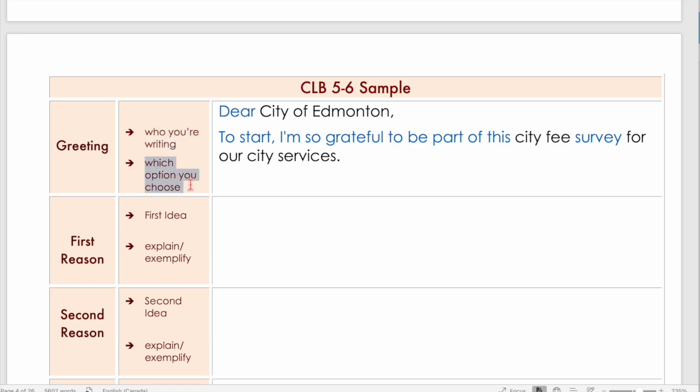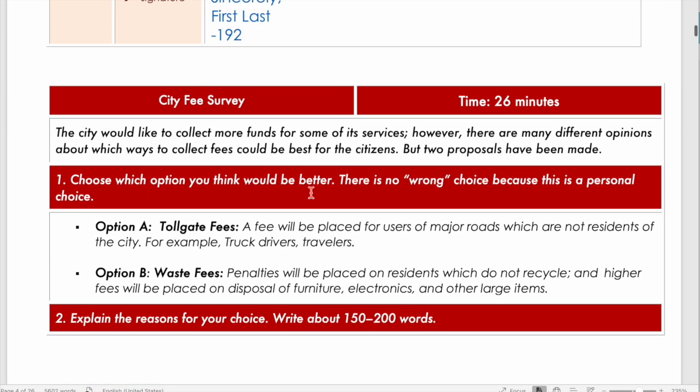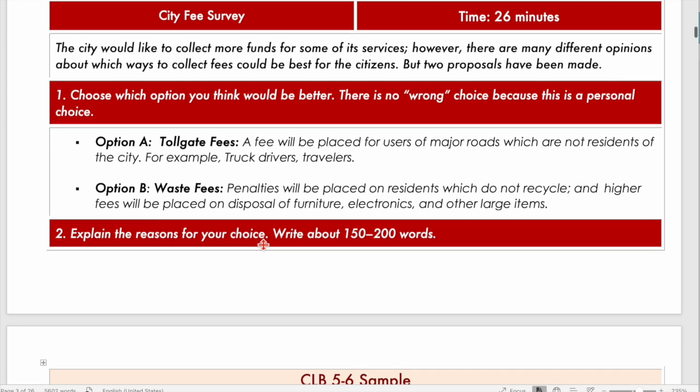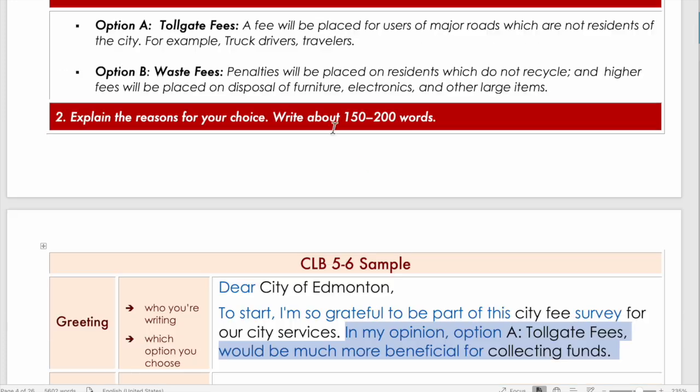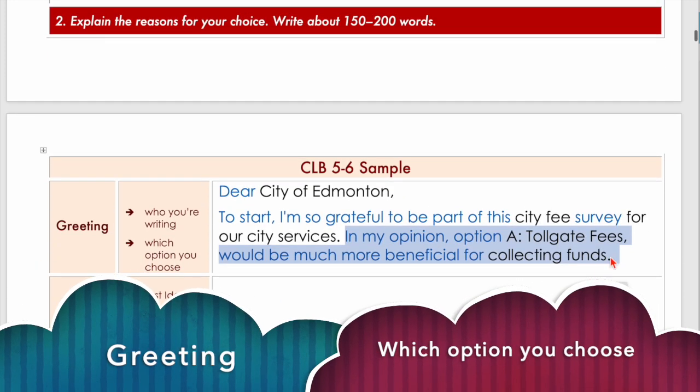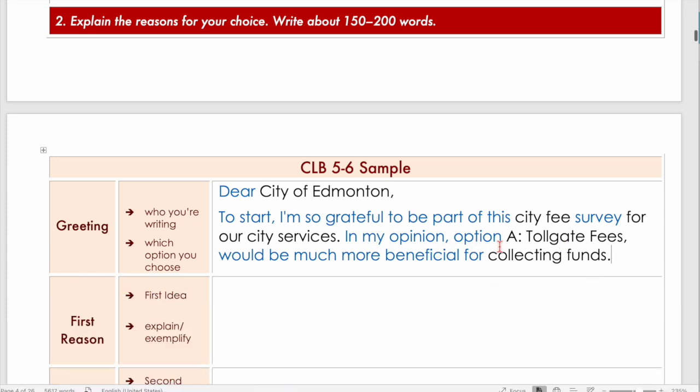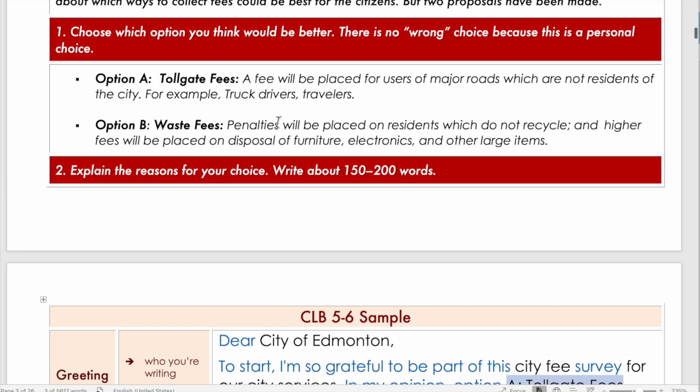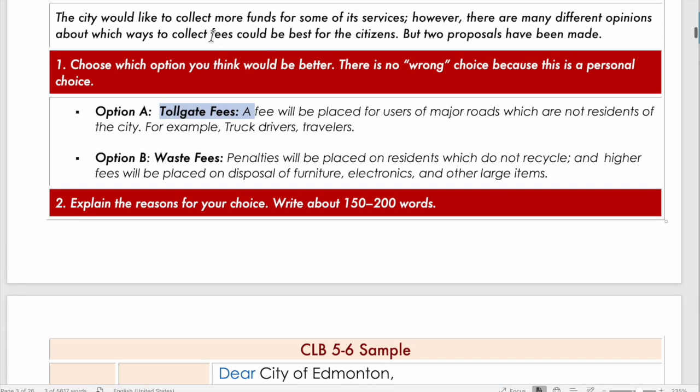Now, which option do you choose? Which option, A or B? Okay, so in my opinion, option A, tollgate fees, would be much more beneficial for collecting funds. So option A, tollgate fees. Option A, collecting funds.